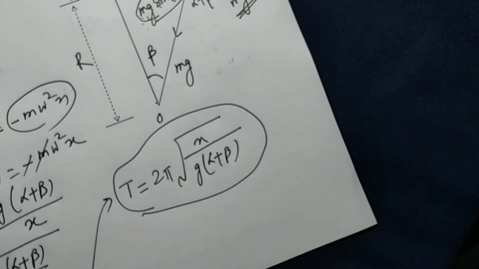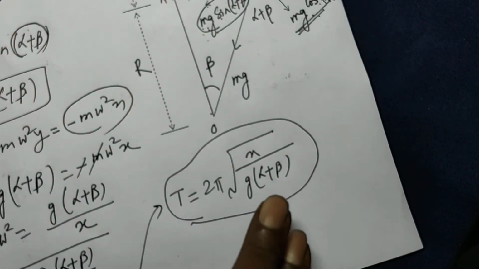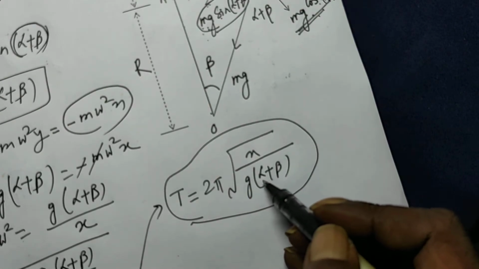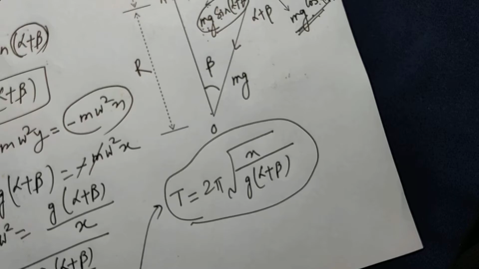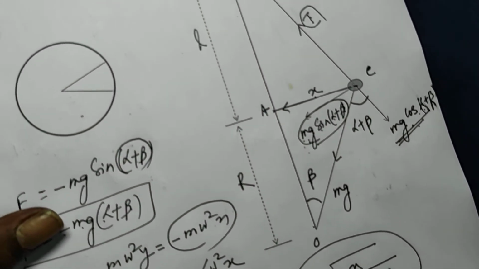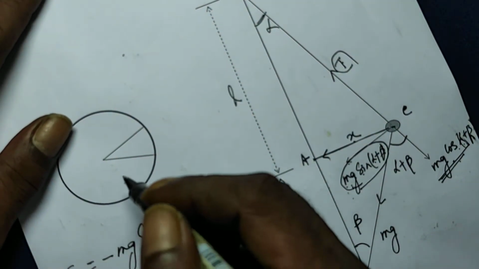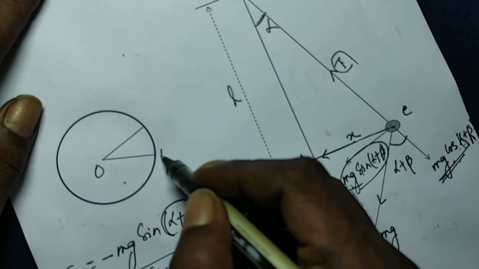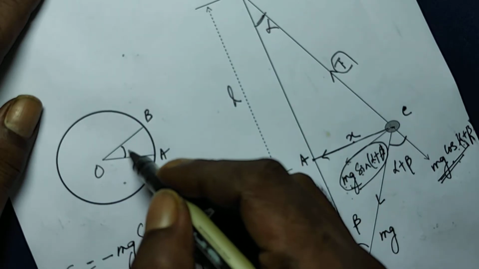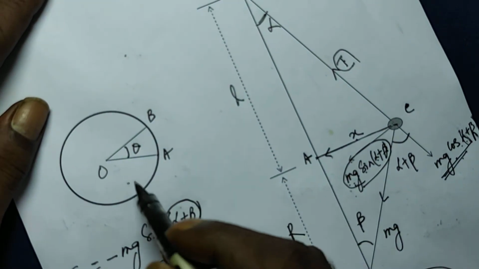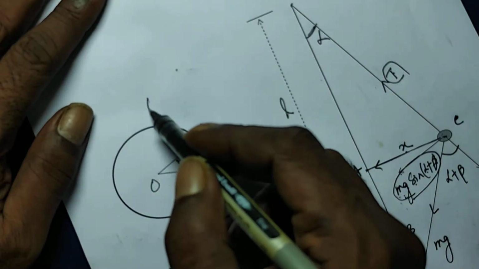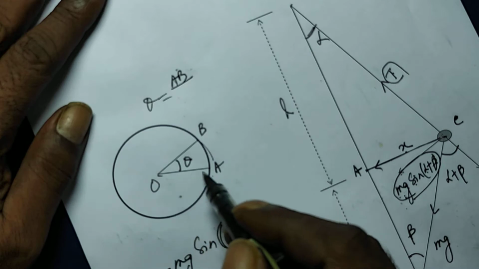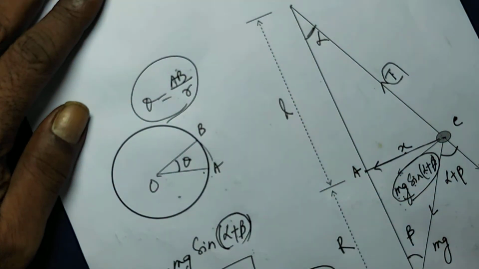Right. Now, how to change this alpha and beta to some other parameters? So now you'll go back to your school mathematics. In a circle, if this point is O, this point is A, this point is B, then this angle theta is given by the length of this arc, that is AB over OA, that is the radius.